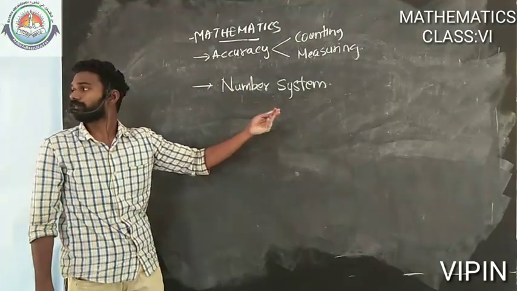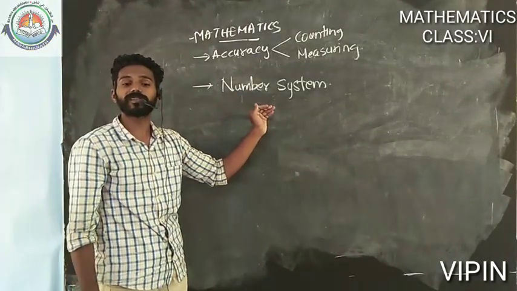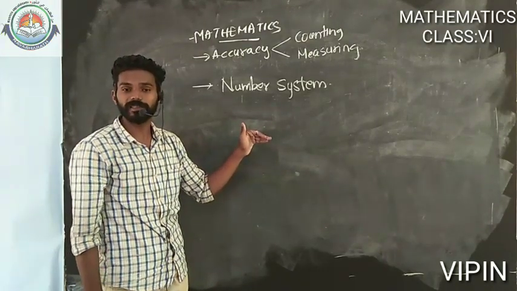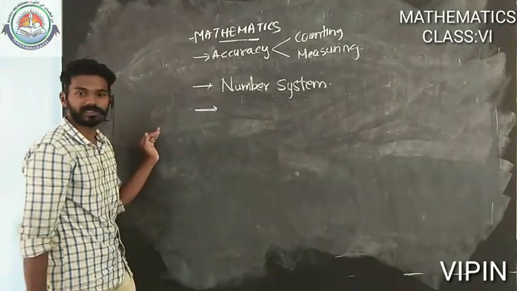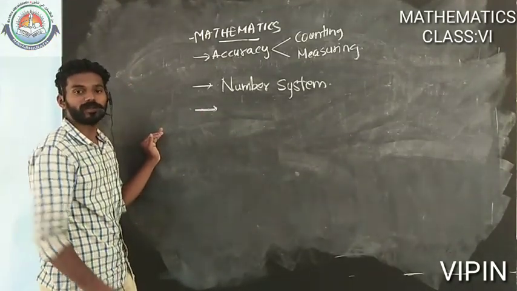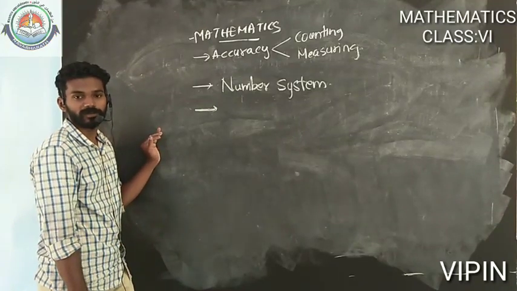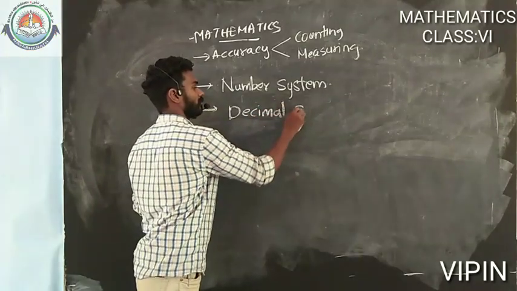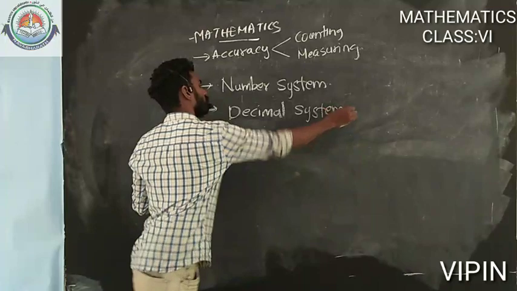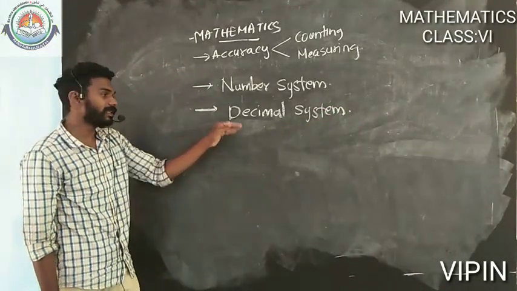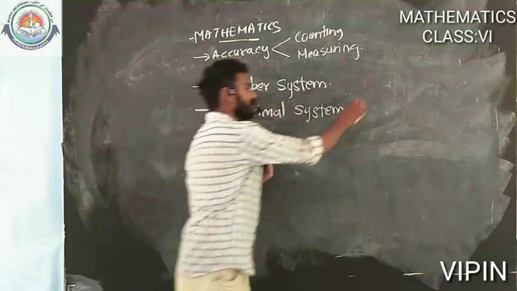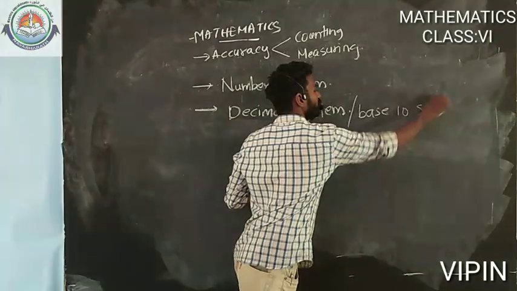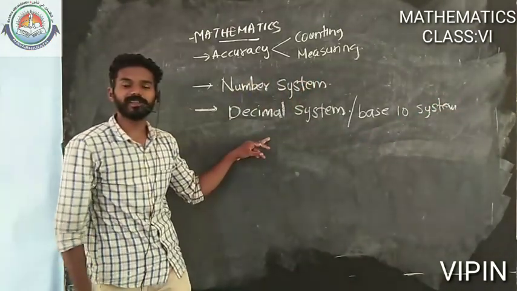And there are a lot of different types of number systems existing all over the world. And out of that, the one number system that you are familiar with or you want to be familiar with is the decimal system. In the decimal system, it is otherwise called base 10 system. Why is it called base 10 system?